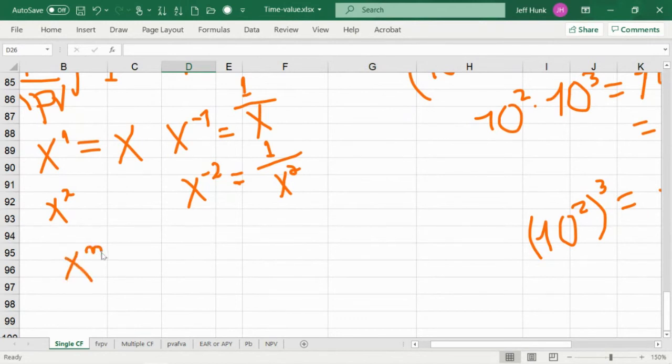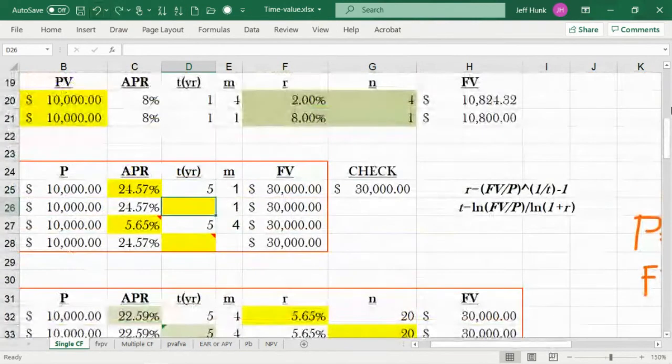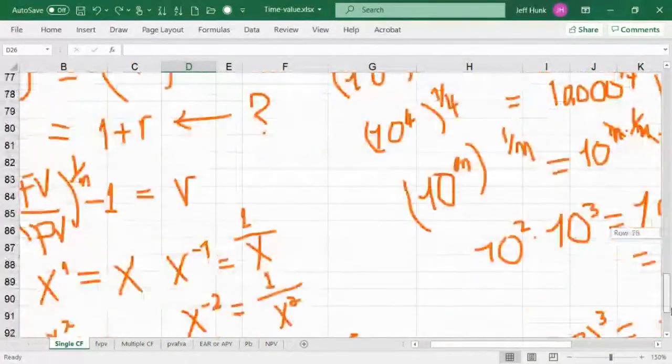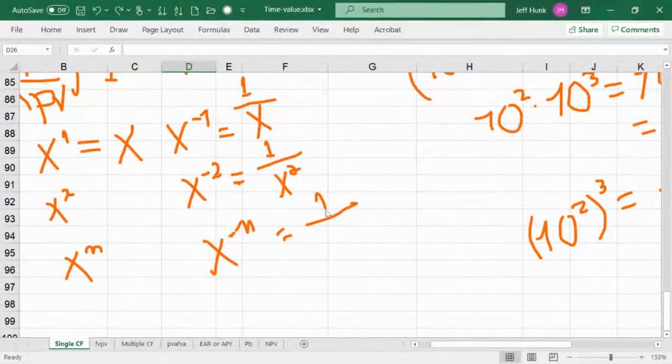x raised to n is, of course, x times x times x times x, n times. This is the general notation. x raised to negative n is, of course, the reciprocal, right? 1 over x to the n.